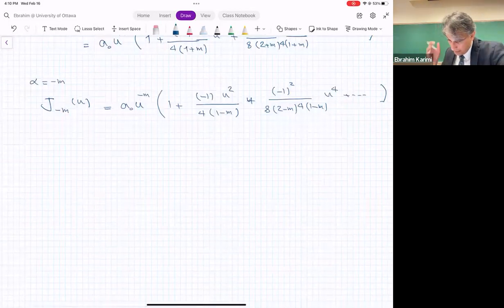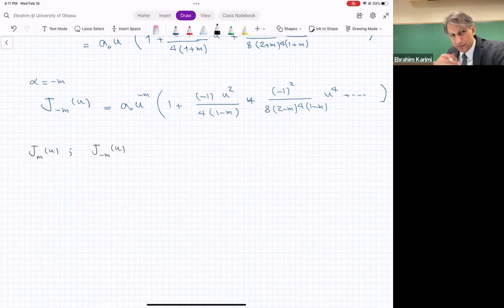Now, so far, we look into the radial part of the Laplacian in cylindrical coordinates, and we came to the conclusion that it is called a Bessel function. We say that it's labeled by Jm of u and J minus m of u. These are the two solutions that we get.